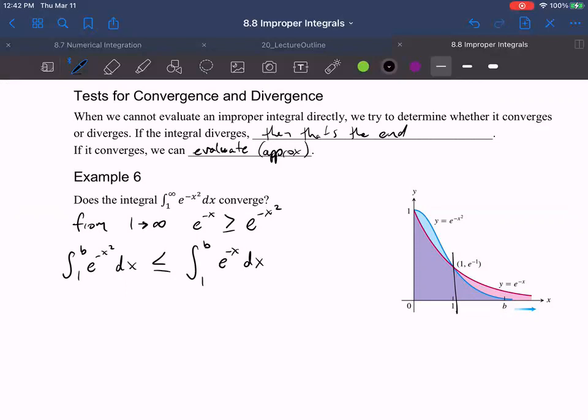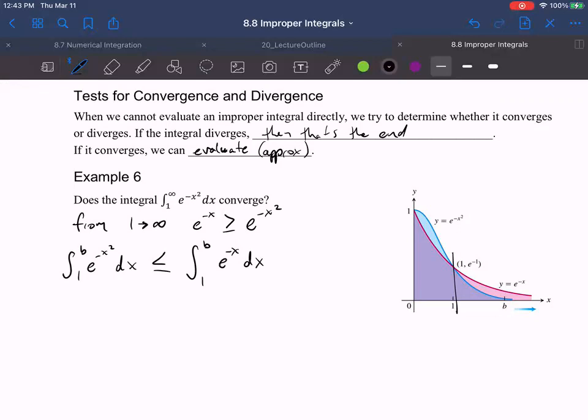So if e to the negative x converges, what does that mean about e to the negative x squared? Converges. Think of the pinching theorem. Remember the pinching theorem? Right? So there's no way e to the negative x squared can diverge if it's always underneath e to the negative x and e to the negative x converges, right?